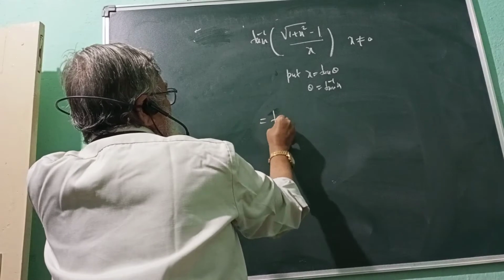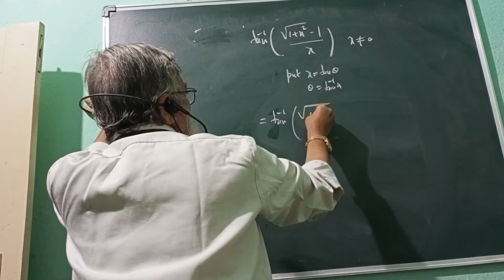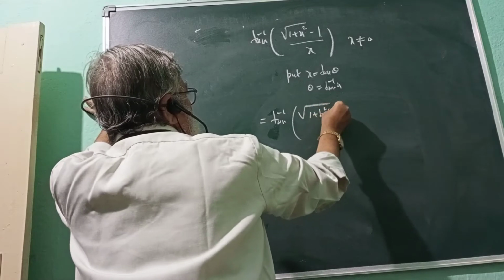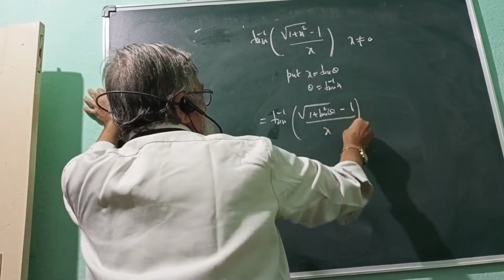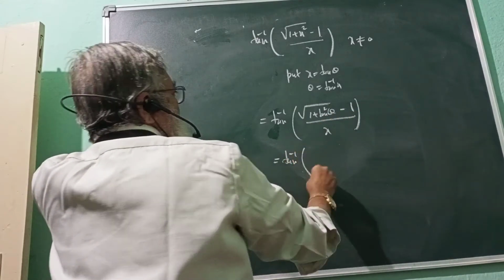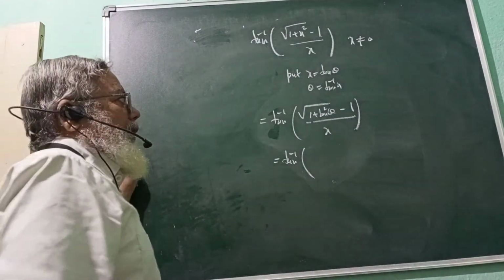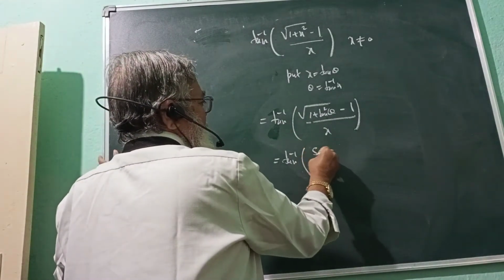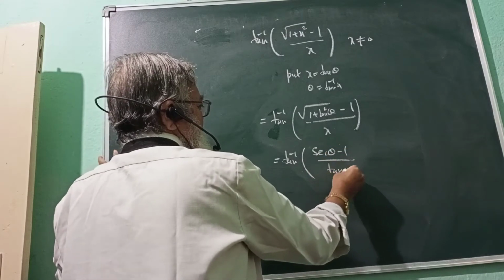This will be tan inverse of under root 1 plus tan square theta minus 1 by x. And this will be tan inverse. You see 1 plus tan square theta is sec square theta. Root of sec square is sec theta minus 1 by tan theta.